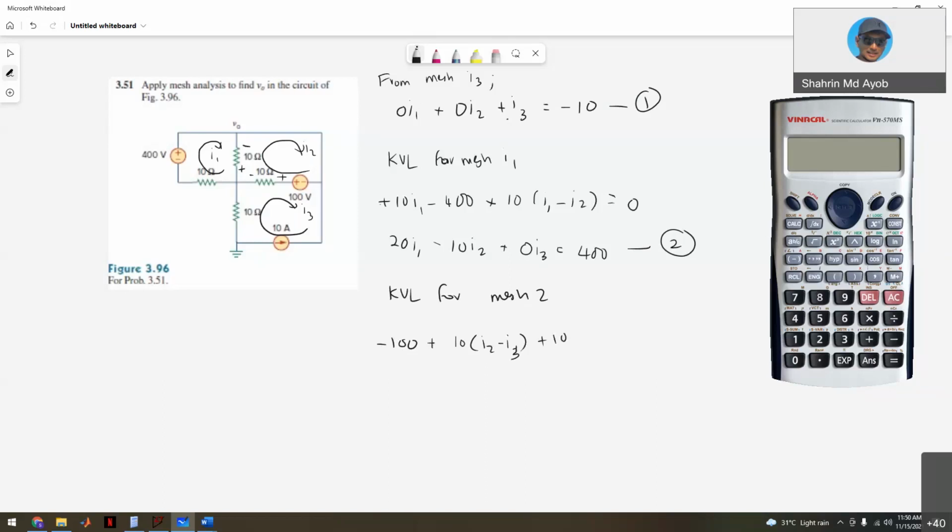So this one plus 10 I2 minus I1 equal to 0. Okay, so this one should be negative 10 I1 and then plus 20 I2 minus 10 I3 is equal to 100. So this is my third equation.